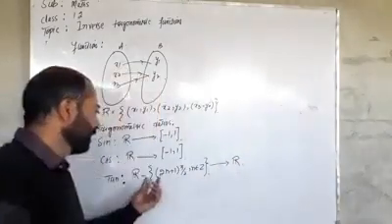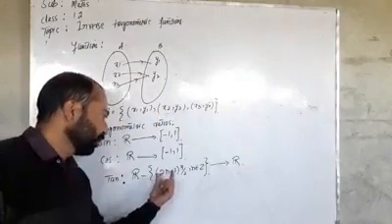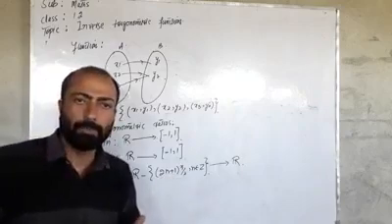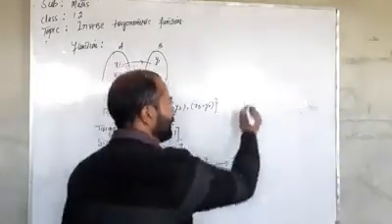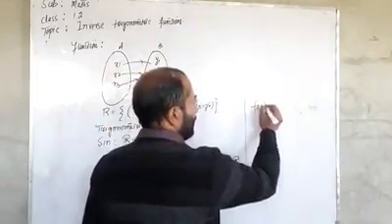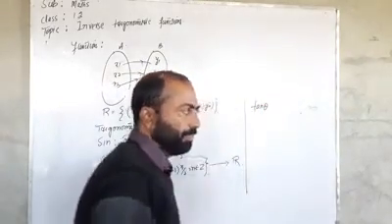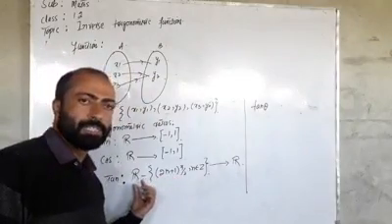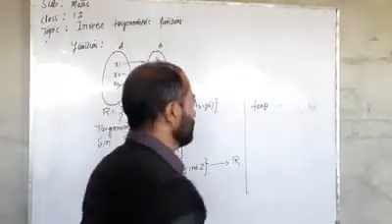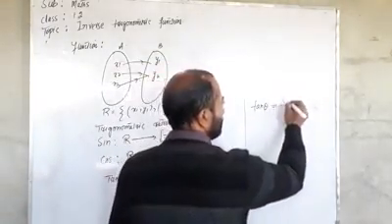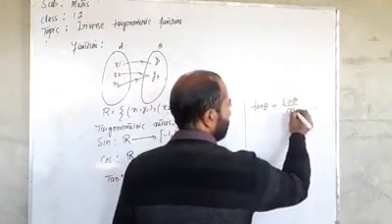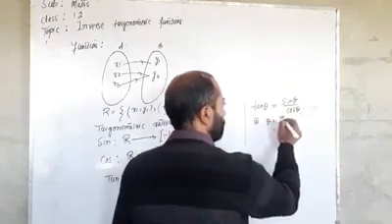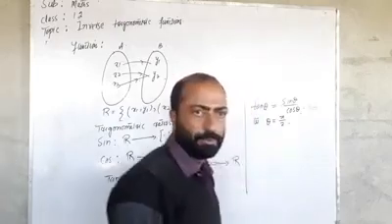Now the question is, why do we say that the domain of this tangent function is all reals except odd multiples of pi by 2? Let me write here a tangent function tan theta. We will discuss why we restrict these numbers from the domain of this tangent function. You know that this tan theta can be written as sin theta over cos theta. And let us say that theta is equal to 90 degrees, pi by 2.